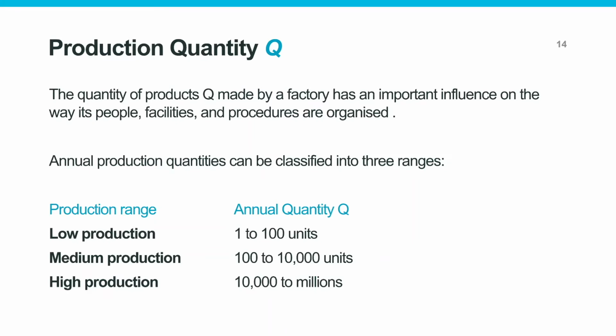Medium production, where between 100 and 10,000 units are manufactured annually. Or high production, where over 10,000 up to millions of products are manufactured in a year.